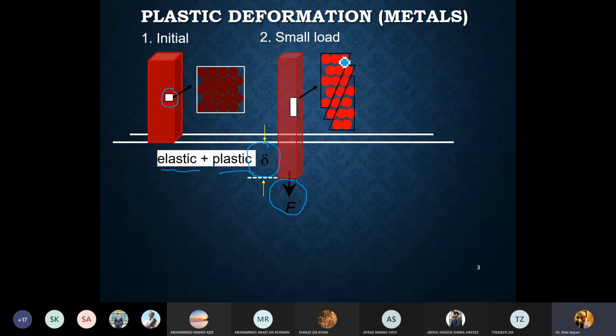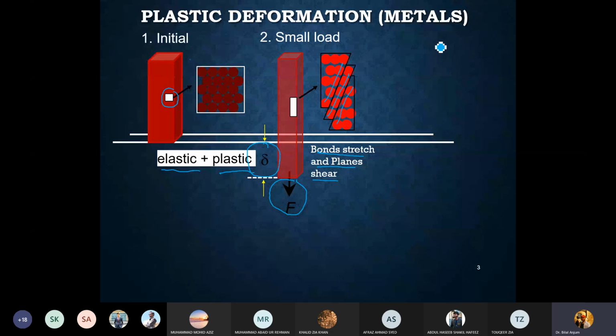Elastic deformation is essentially due to the stretching of the bonds. But you would see there is shearing of planes that has taken place. Planes have sheared along each other, so bonds stretch and planes shear as a result of the application of a greater amount of force, which includes both elastic and plastic deformation.